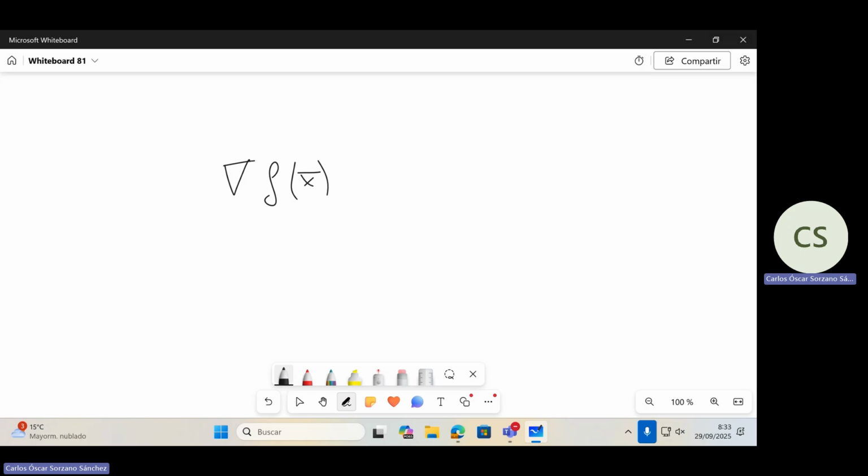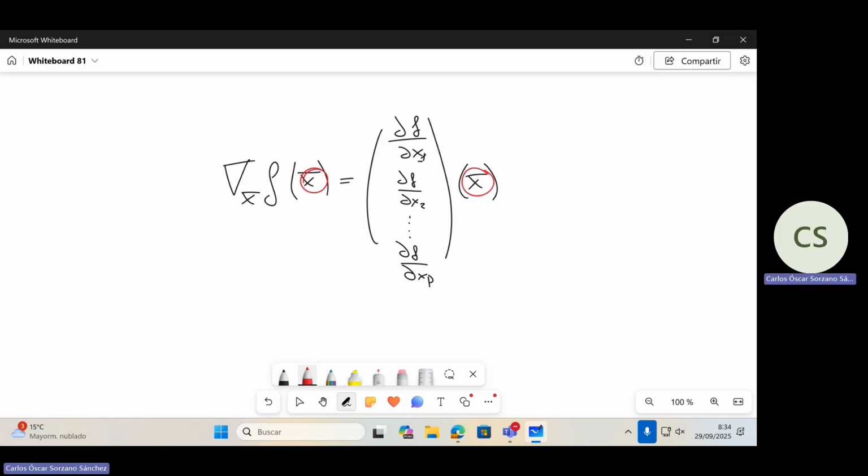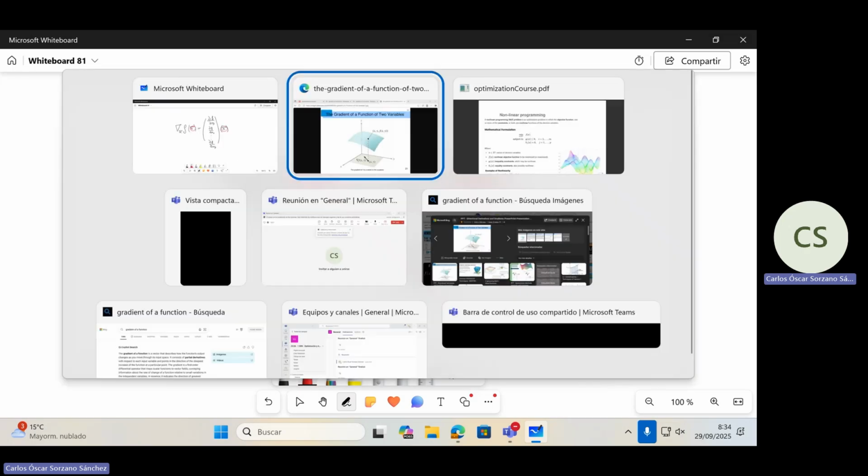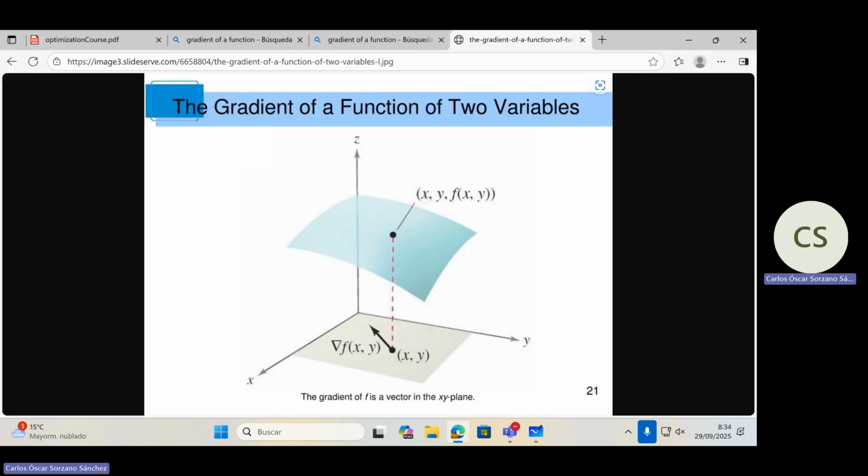So the gradient with respect to x is a vector that is the partial of f with respect to x1, the partial of f with respect to x2, up to the partial of f with respect to xp. And this has to be evaluated at some point. It is the same point as here. So these two points are the same. This is the definition of the gradient.